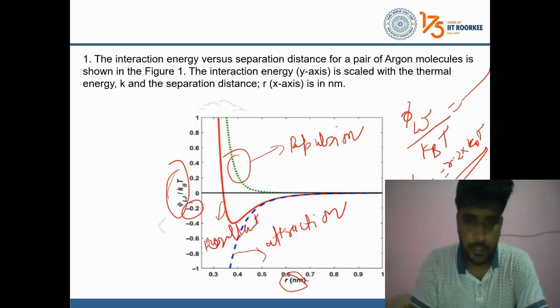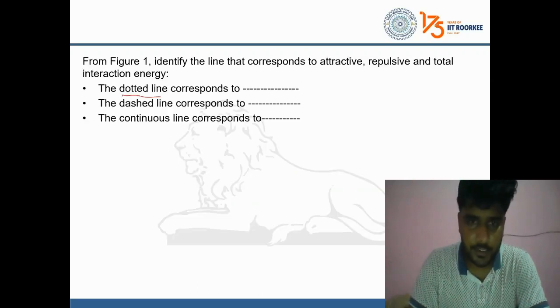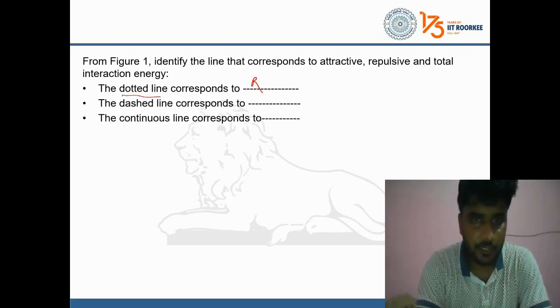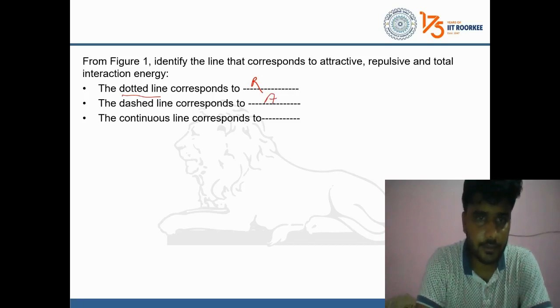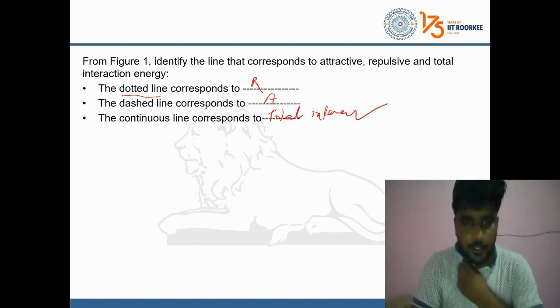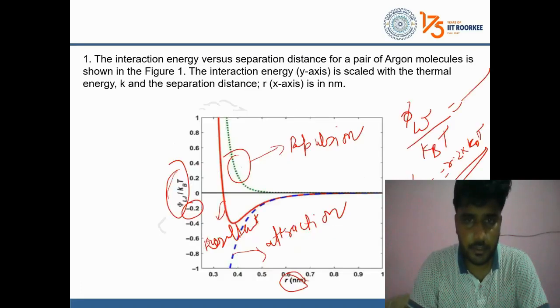So based on these you have to put the answers. The dotted lines correspond to repulsive interaction energy, the dashed line corresponds to attraction, and the continuous line corresponds to total interaction energy, that is the resultant. That was a basic question.